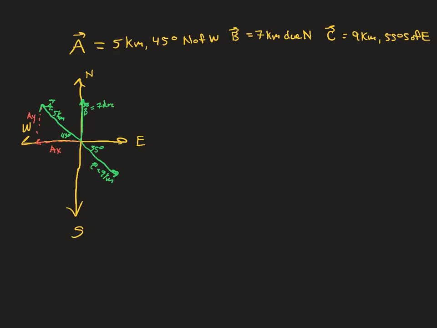And since I have the hypotenuse and I'm looking for the two sides, I'm going to use cosine and sine to do this. So we're going to say A of x is equal to A times the cosine of theta. So we're just using cosine equals adjacent over hypotenuse. The hypotenuse is always going to be the magnitude of the vector.